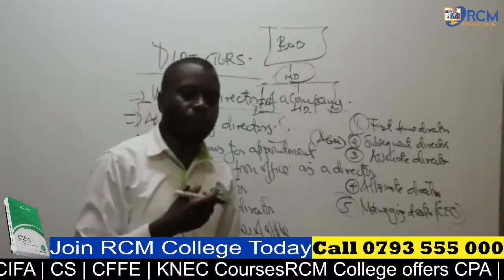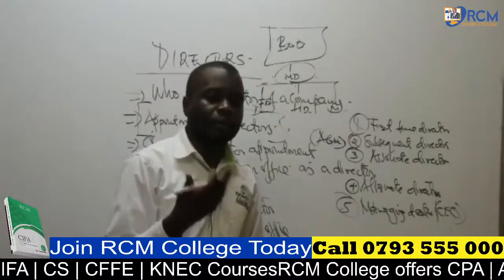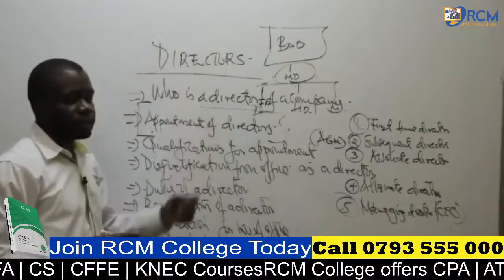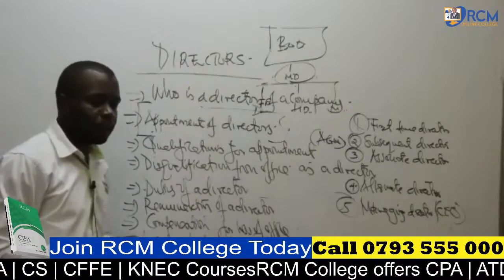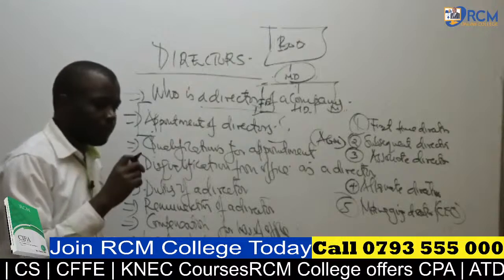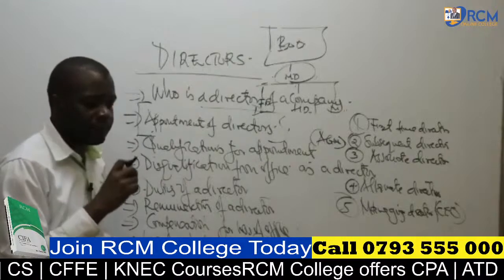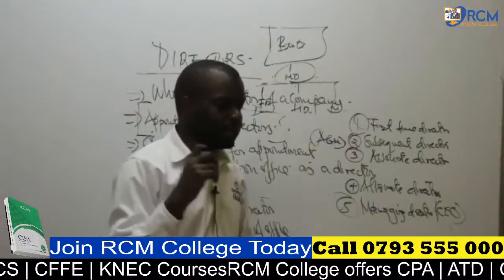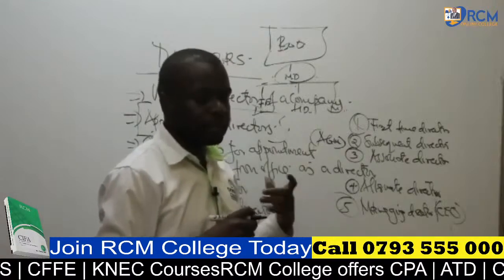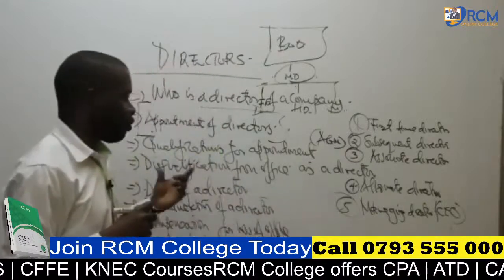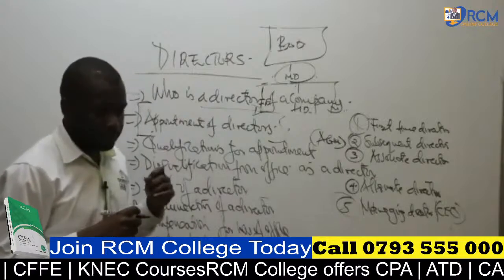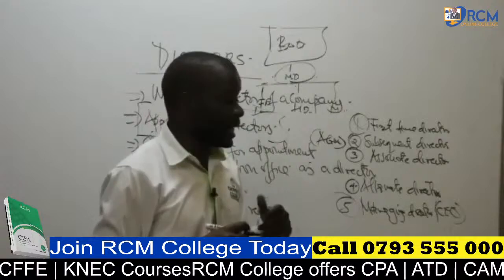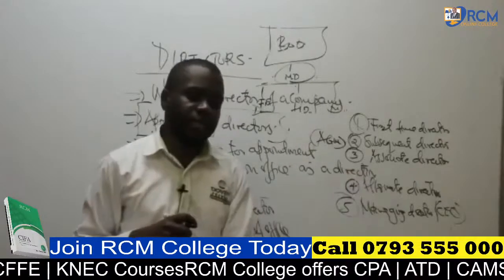So they appoint persons to manage the company on their behalf, to oversee the functions or operations of the company. Members of the company are the ones who have the rightful mandate to appoint a director in a company. That's why, even under meetings, we've said that at the annual general meeting there'll be the appointment, reappointment, or removal of directors.